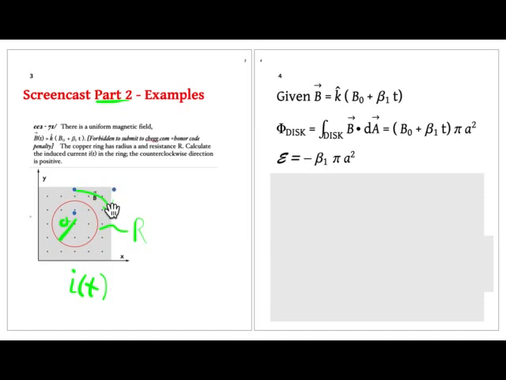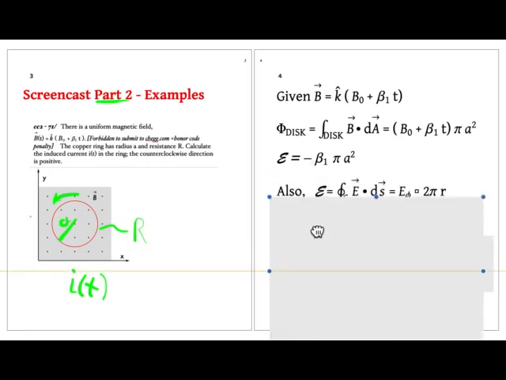Really, I should say I have a negative counterclockwise EMF. If I use the right-hand rule to relate the direction of the change of B, which is outward towards you, that corresponds to a direction around the ring which is counterclockwise. But it's negative, so it's really clockwise. It's a negative counterclockwise EMF.